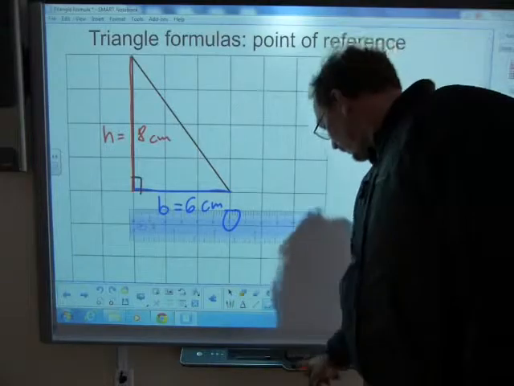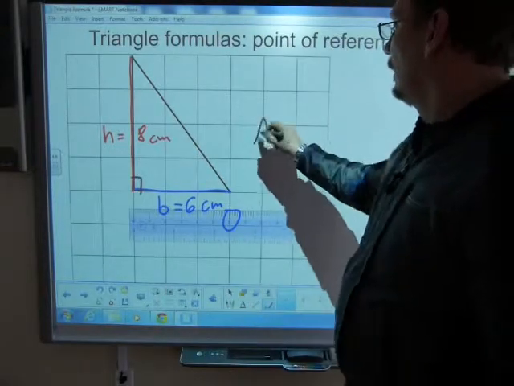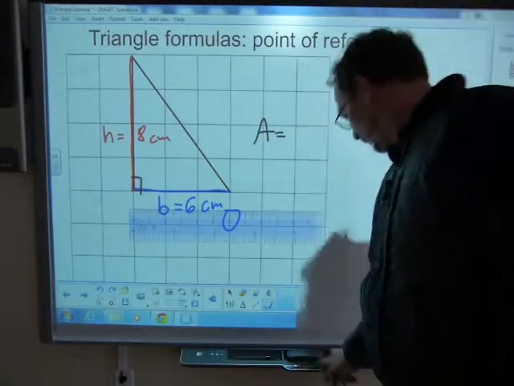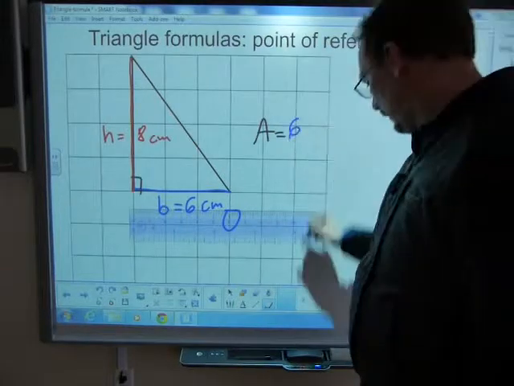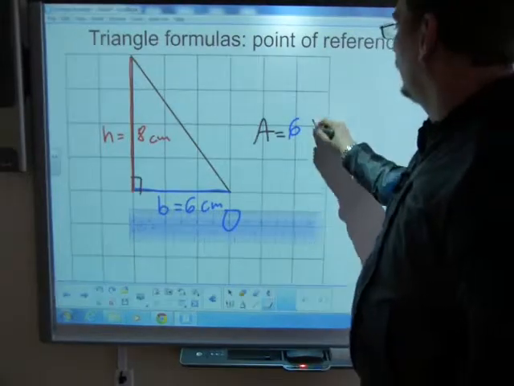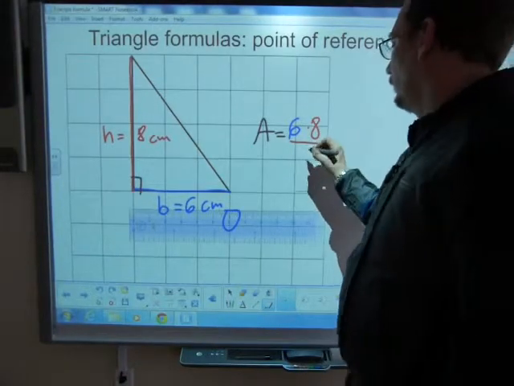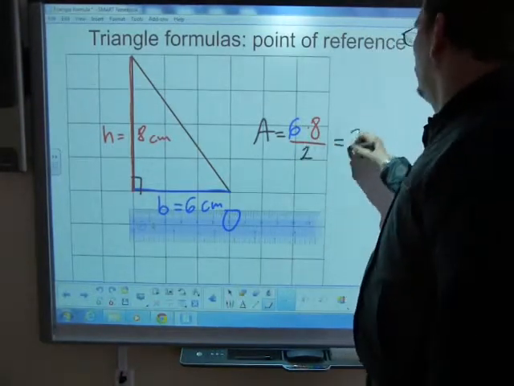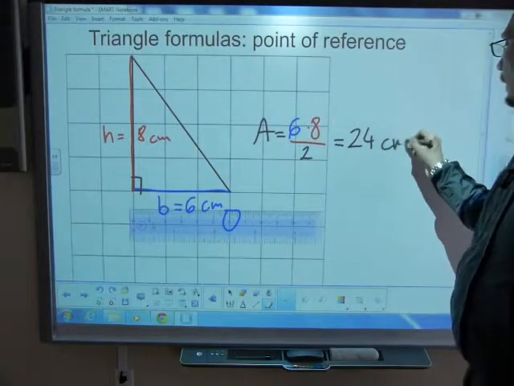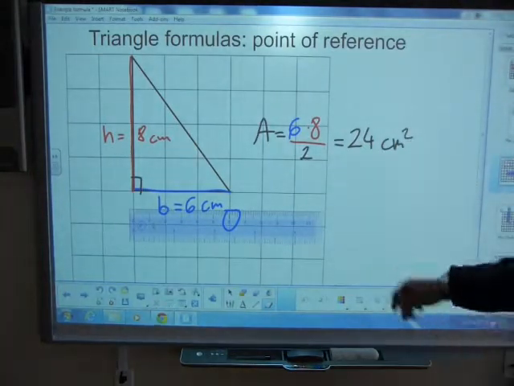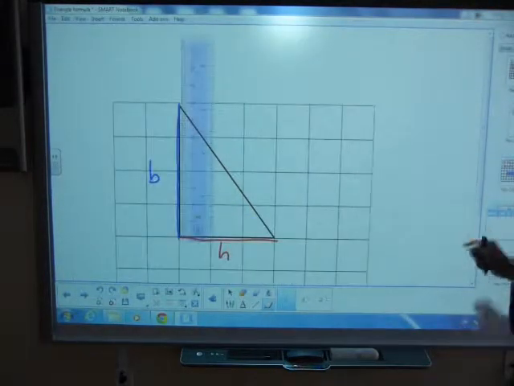So if that's 6 and that's 8, the area is base 6 multiplied by height 8, which is 48. Divide it by 2 and you arrive at 24 square centimeters. So far so good. Next one.